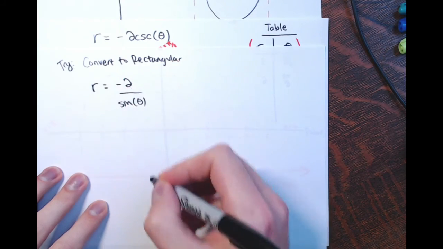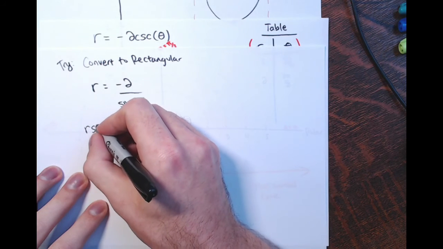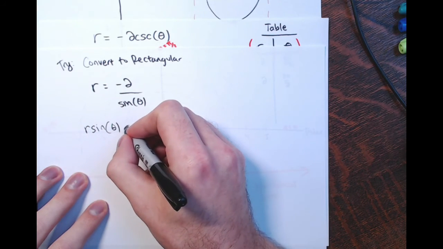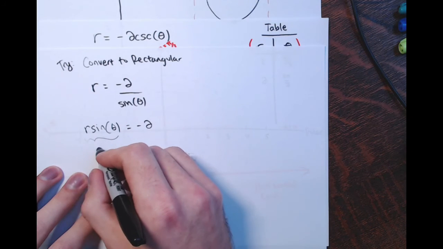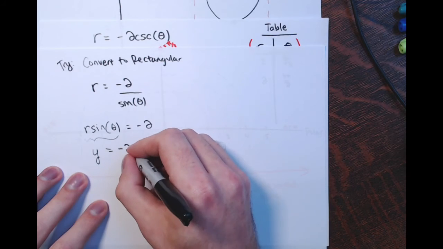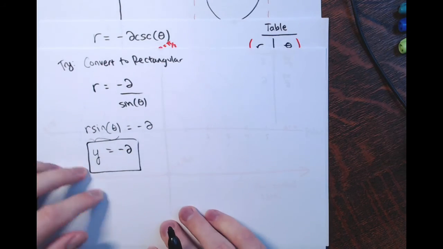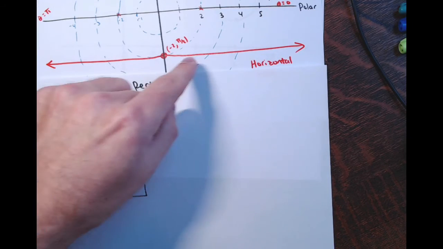That's -2 cosecant theta. Then multiplying by sine theta, we have r sine theta equals -2. And remember, r times sine theta in rectangular is the y coordinate. So y equals -2. That is this line. Remember, the graph of y equals some number on the xy plane is just a horizontal line.